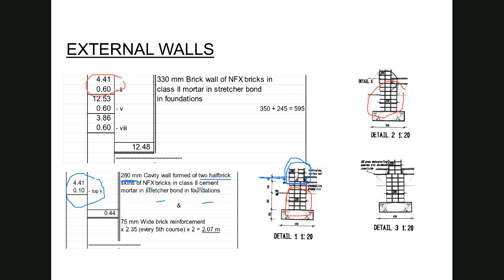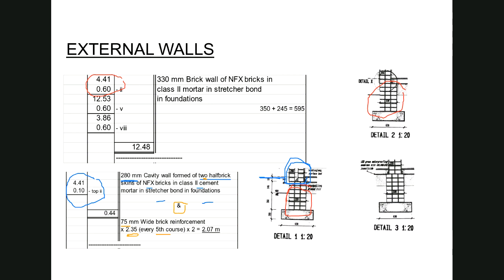And then together with the cavity wall, I'm going to measure the brick reinforcement, which is in the 2 half brick skins. I'm going to use the same area, so I can say, and I'm using a 75 millimeter wide brick reinforcement because I have half brick skins over here. My factor that I'm using is every 5th course. For those of you that want to go back to the calculation of the factors, that is the 1 meter high divided by the number of courses times the height of the brick, which is 85, and you will get to the 2.35.